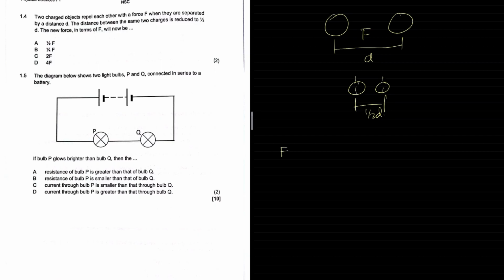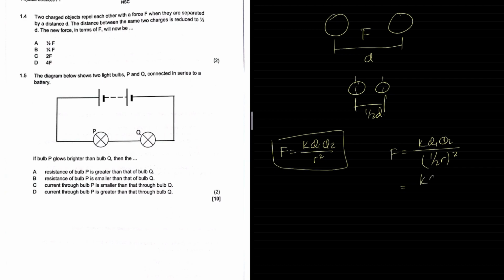Okay, so we'll start. We'll say that F is equal to kq1 q2 over r squared, and that's our main equation. Now they've halved the distance, so we'll say F is equal to kq1 q2 divided by half r squared. If we expand this, opening up the bracket, we get kq1 q2 divided by a quarter r squared.